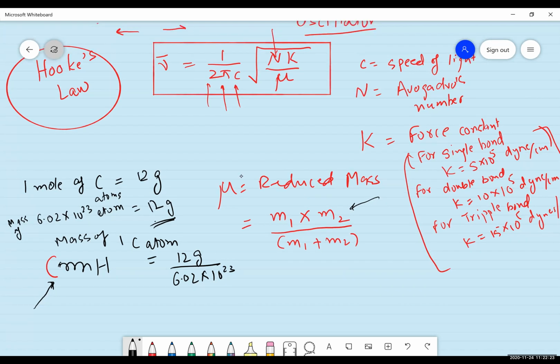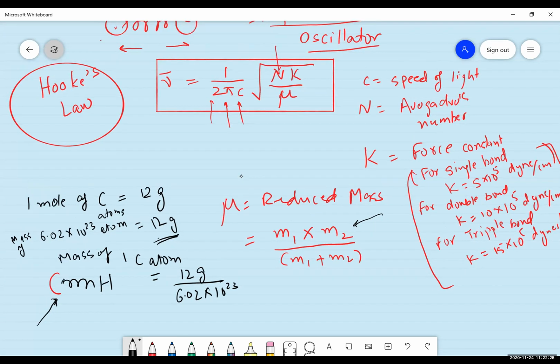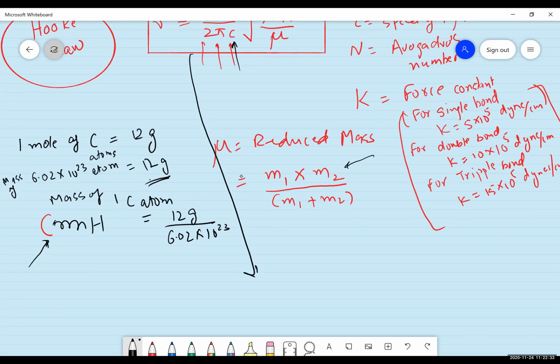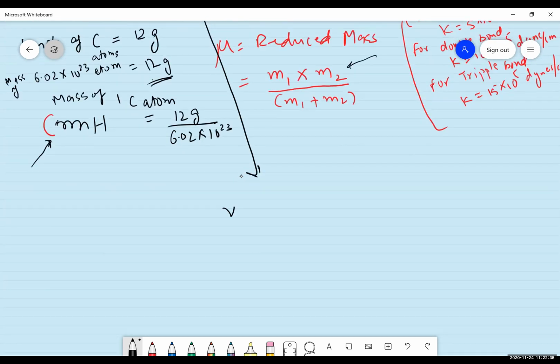When we plug in these values, 2 is a constant, pi is a constant, c is a constant, and n is also a constant. When we plug those values in, Hooke's law changes to this value.